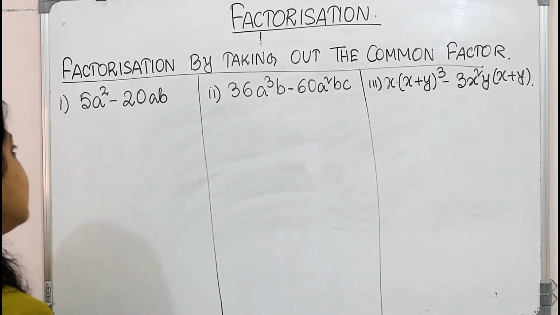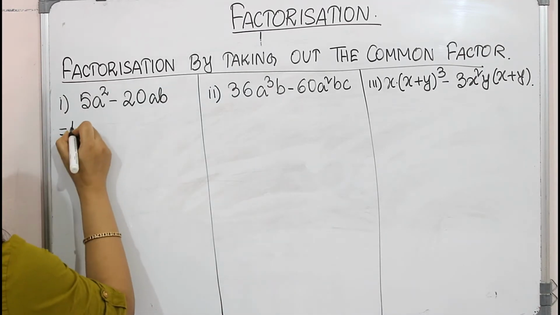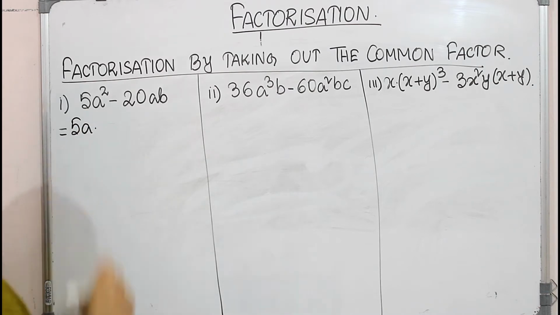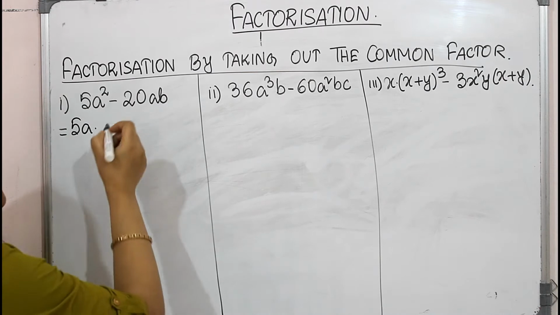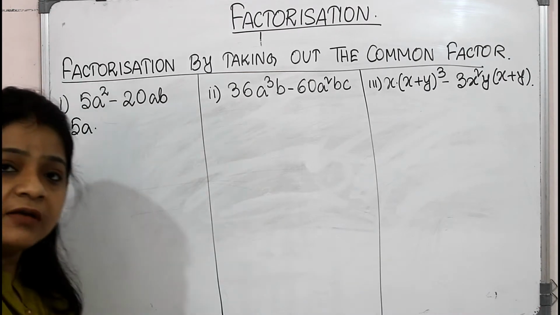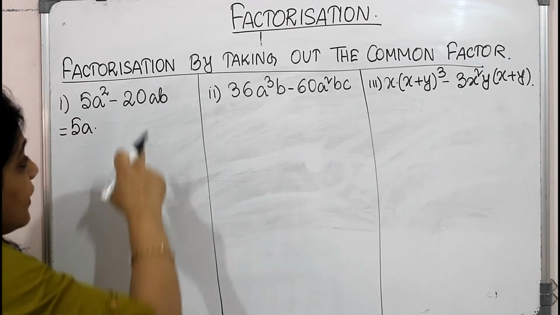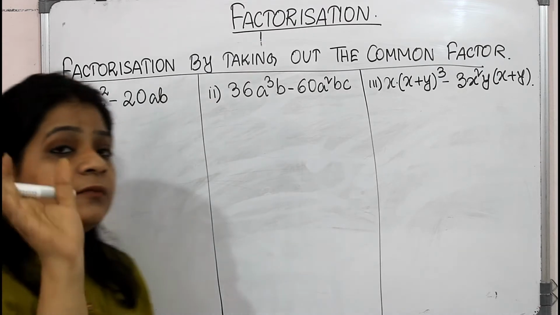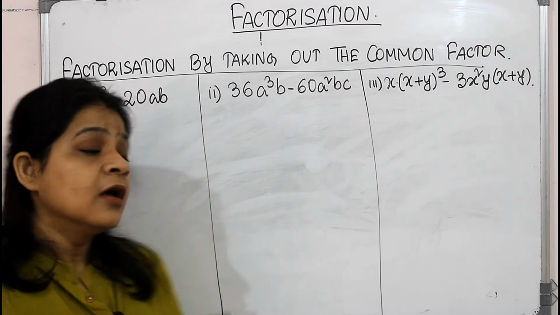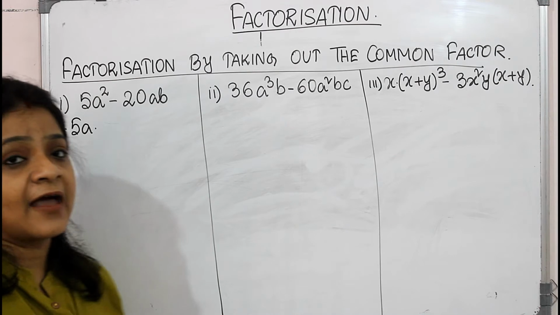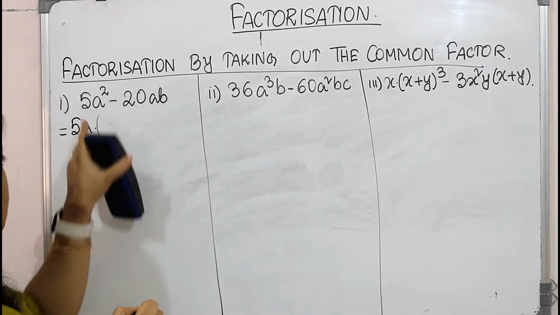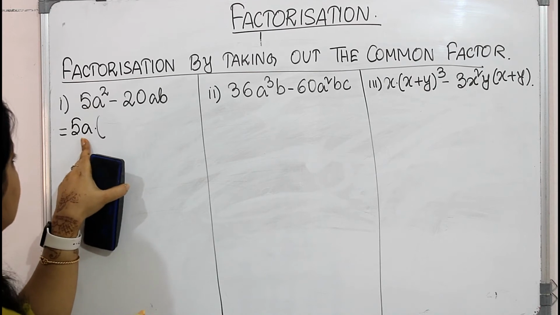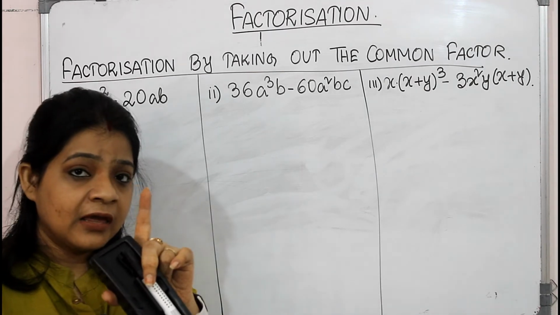So from this, can I take 5a as common? If I take 5a as common, 20 is also divisible by 5, right? And a is present in both the terms. So let's take 5a as common. Now what is left here? 5a is already there, so you are left with only a.